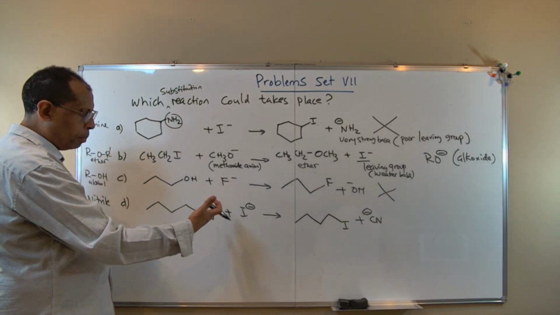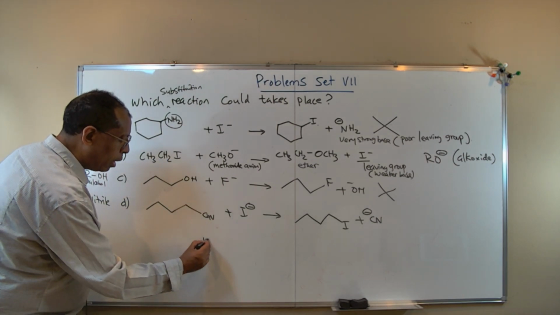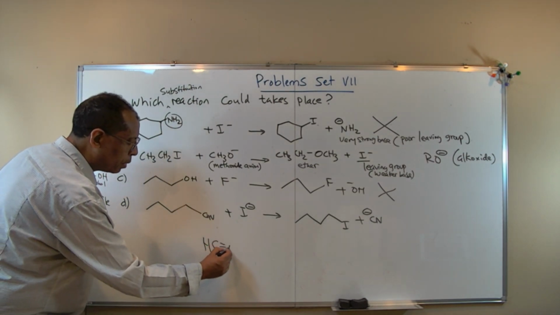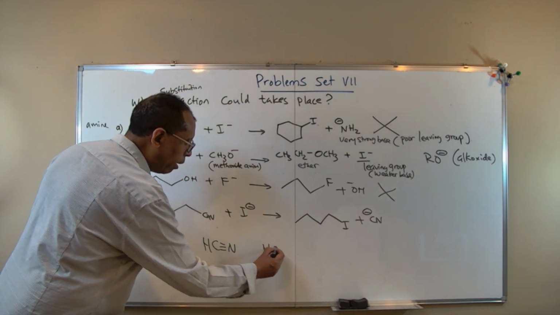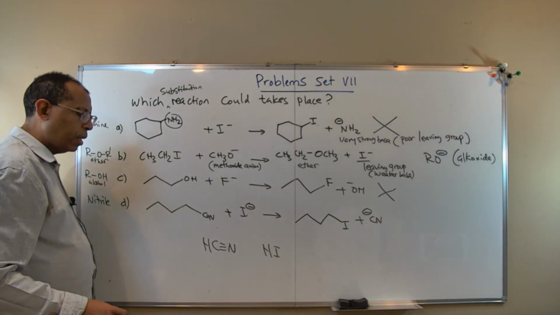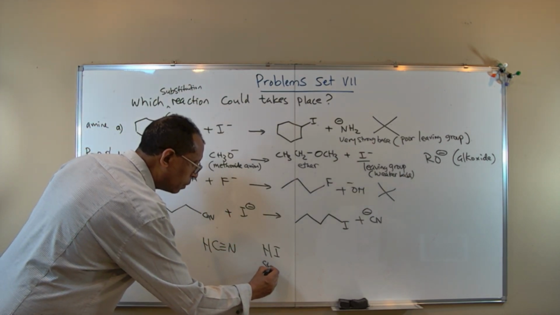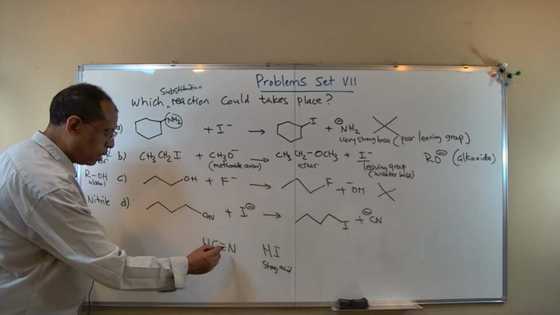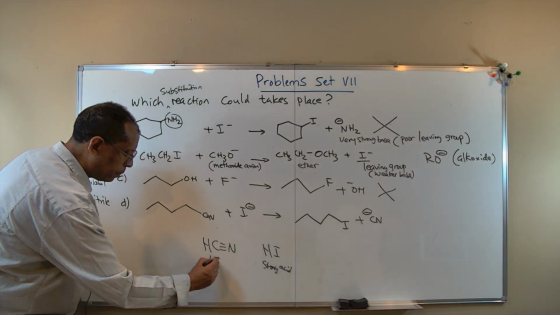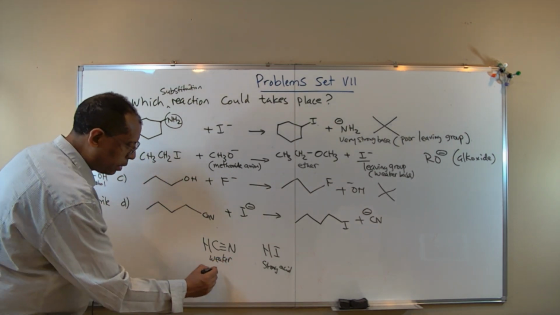So how do you compare this? To compare this, HCN, the acid form, and HI, the acid form. HI is a very strong acid. HCN is a weaker acid.